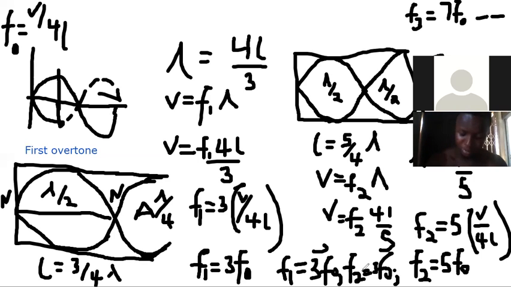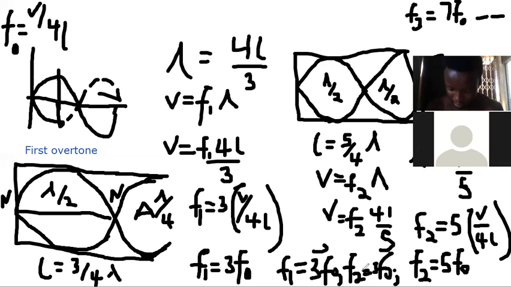I hope you get it now. Integral: twice of you, 3 times of you, 5 times of you is an integral.